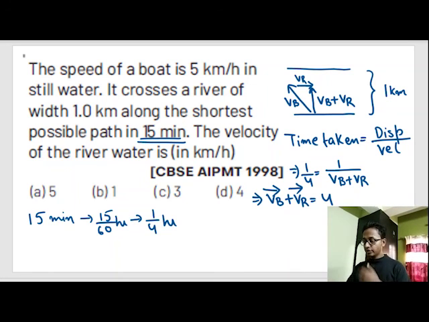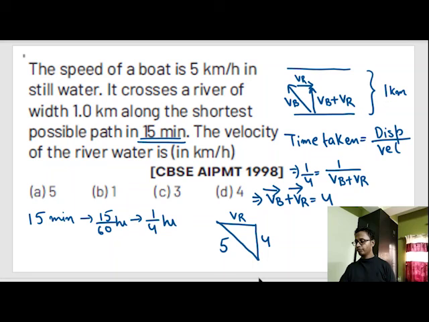The velocity vector of the boat is given by VB, or 5 km per hour. Velocity of the river you have to find out, and the combined velocity of them is 4.